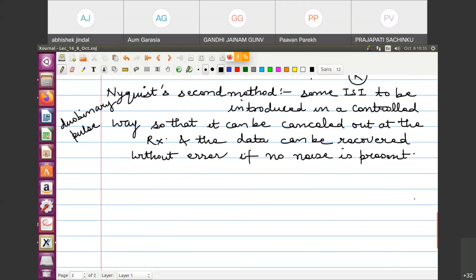Now let us go to the Nyquist third criteria, because Nyquist gave three criteria. Nyquist third method, criterion or method, whatever you want.